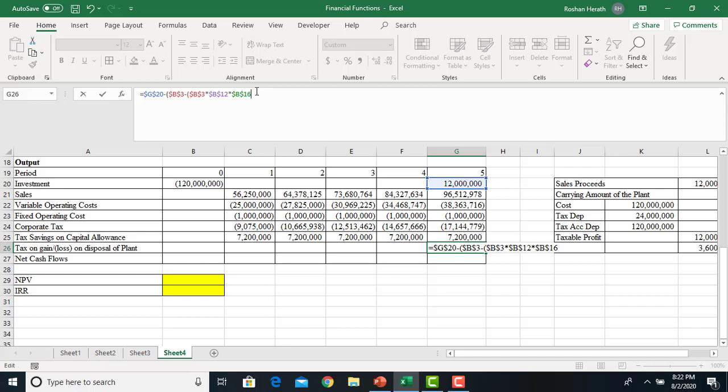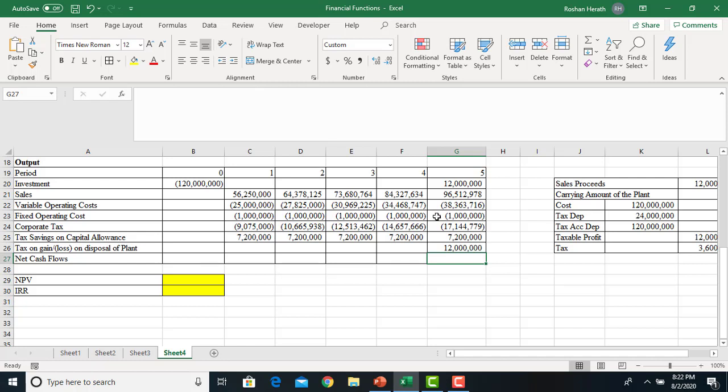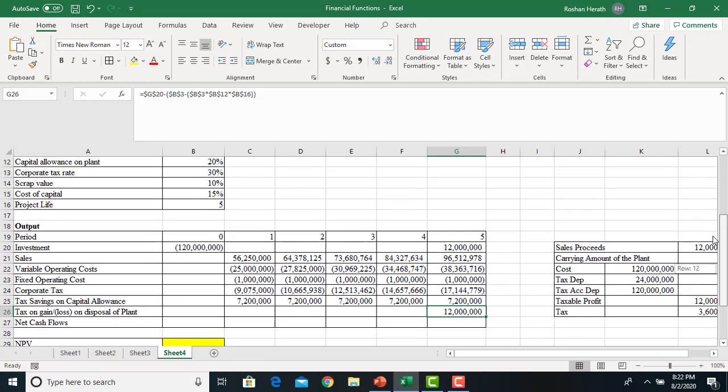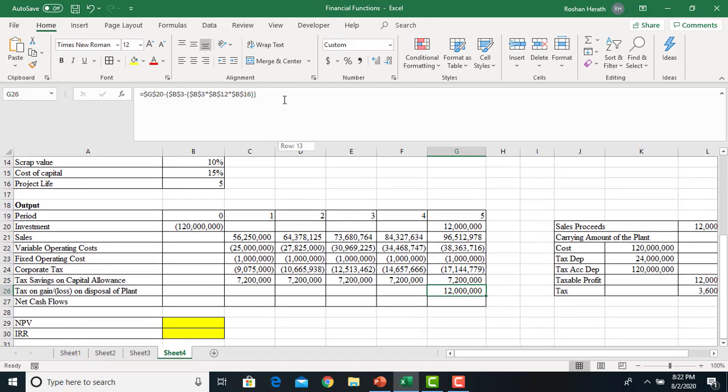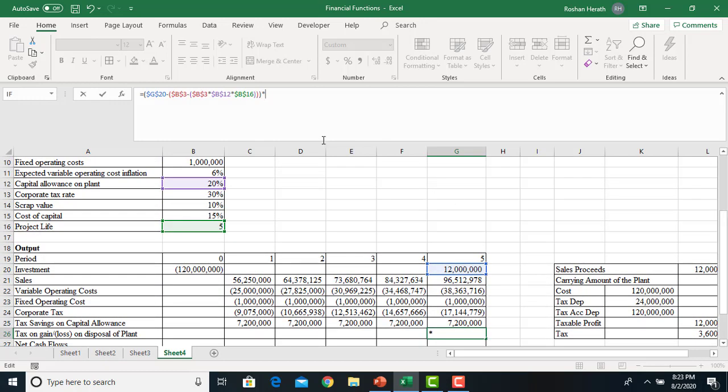So just do up to that level and see what you have accomplished. Yes, there you can see the profit figure, right? Profit figure. Then all you have to do is simply multiply everything by a tax rate. Make sure to keep it minus. So therefore minus tax rate.